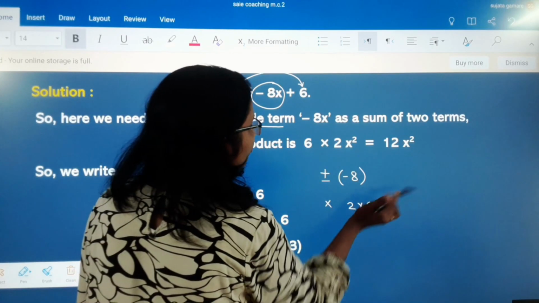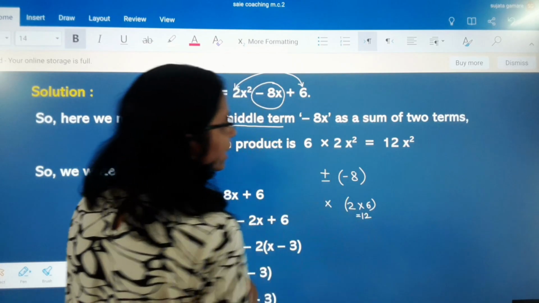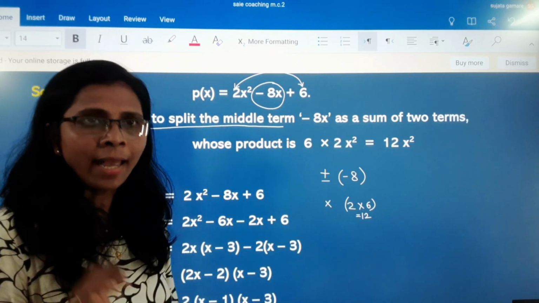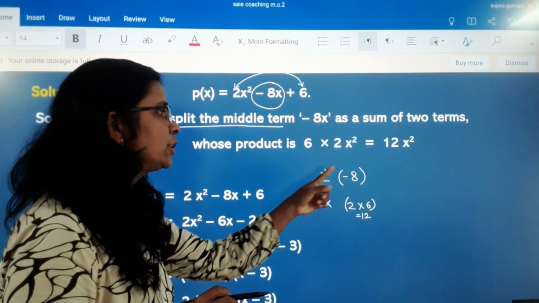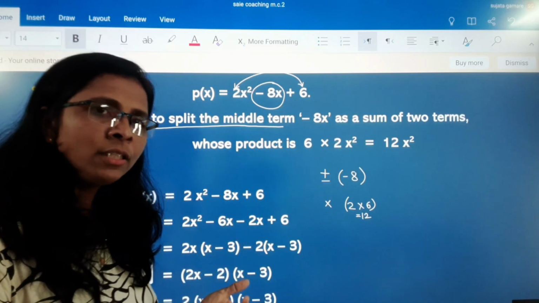That means 12. So find two numbers having the sum minus 8 and the product 12. Which are these numbers?